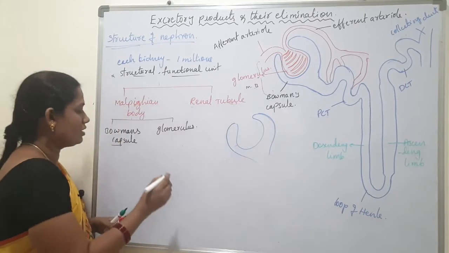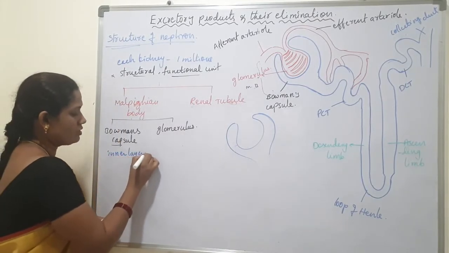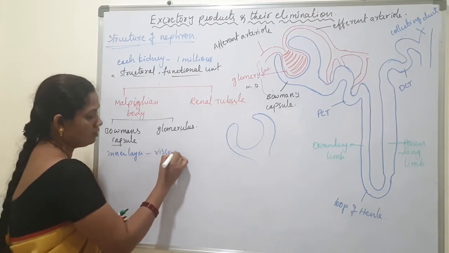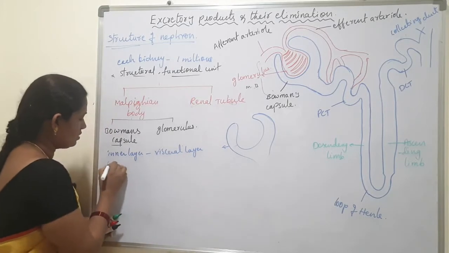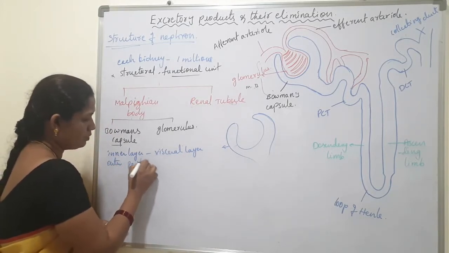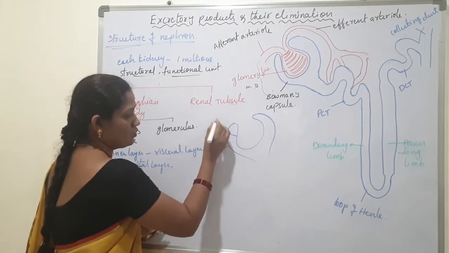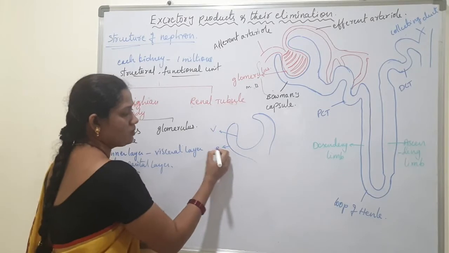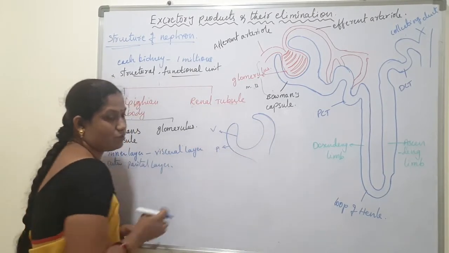The inner layer is the visceral layer, and the outer layer is the parietal layer. In between these two, a cavity is present.